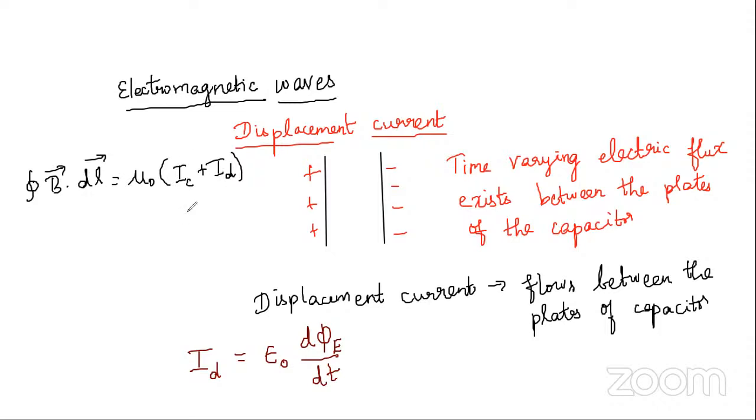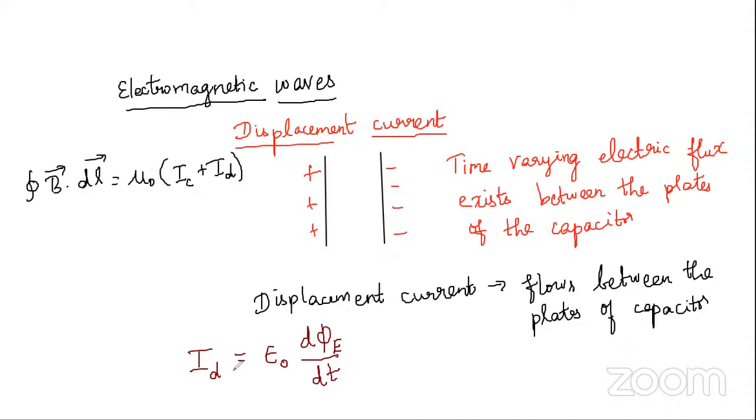But Maxwell proposed the concept of displacement current existing between the plates of the capacitor. When the displacement current flows between the plates of the capacitor, only then can the total current maintain continuity in a circuit. So Maxwell included this term, displacement current, in Ampere's law, and the discrepancy in Ampere's law was rectified by Maxwell in this way.